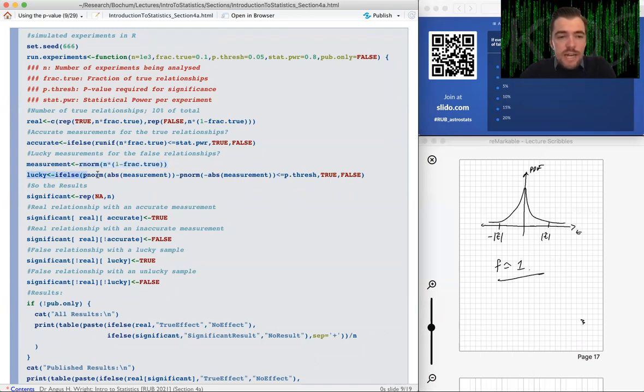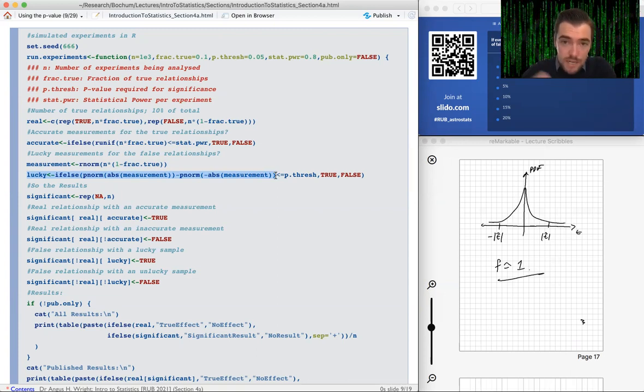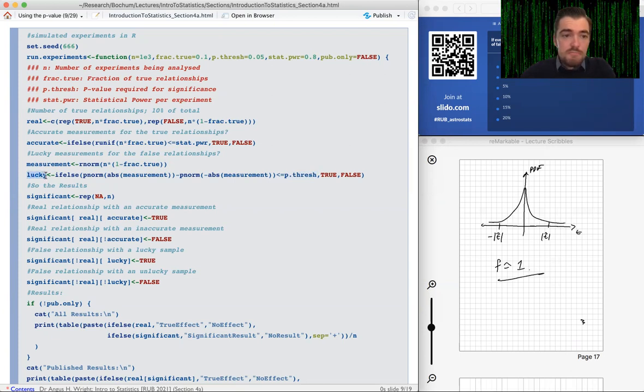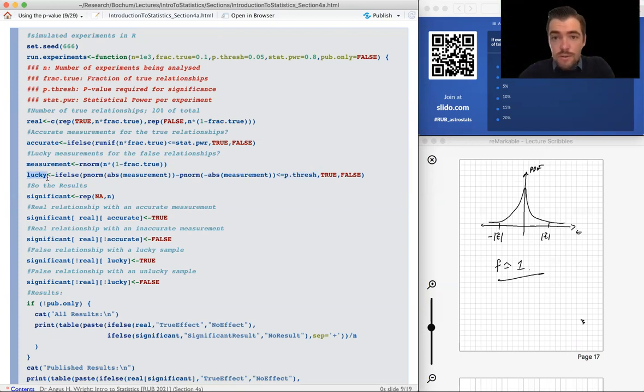We can then calculate the p-value for all of those measurements. Some of those, by random chance, are going to satisfy the p-value threshold that we specify, 0.05. If that's the case, that false relationship is lucky and gives a significant result, despite there being none there in reality.